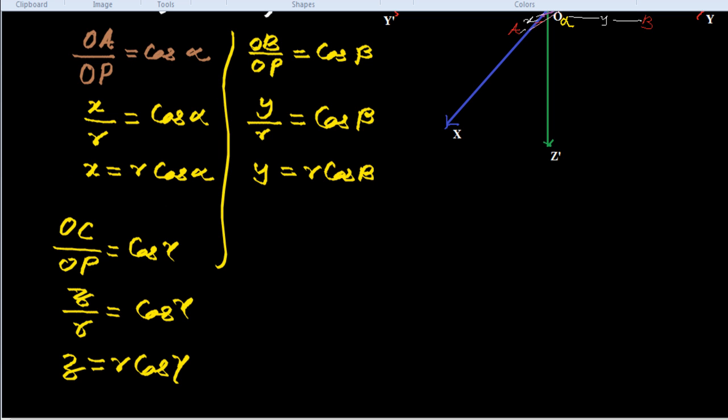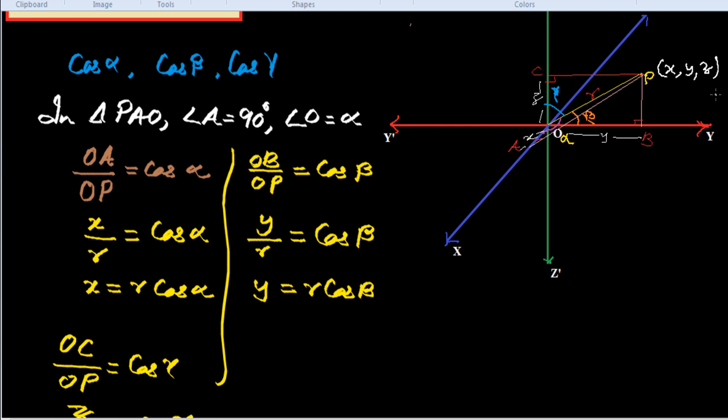Now we see some more things here. We have got the direction cosines: cos alpha is equal to x over r, cos beta is equal to y over r, and cos gamma is equal to z over r. Now this is our equation 1.